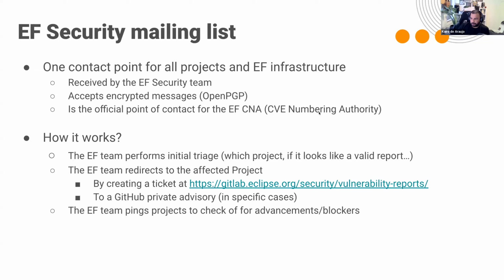So, how does it work? We will perform the initial triage. It means for each report that we receive, we check if this is a valid report, if it's not just an AI-generated or tooling-generated report, and we'll do the communication directly with the project. So we'll be creating the vulnerability report ticket, or if it's a GitHub private advisory on a specific project, we'll be opening the advisory.